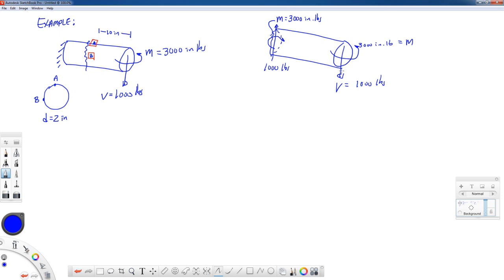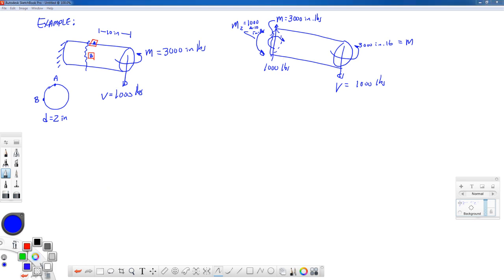That bending moment would be this force of 1,000 pounds times the distance for this section of the free body diagram. That bending moment puts the top in tension and the bottom in compression. It's bending it down. Let's call this M2. It's going to be equal to 1,000 times 10 inch-pounds.